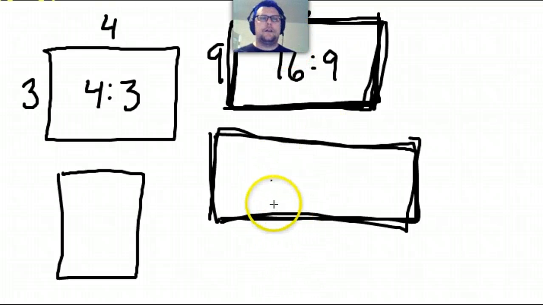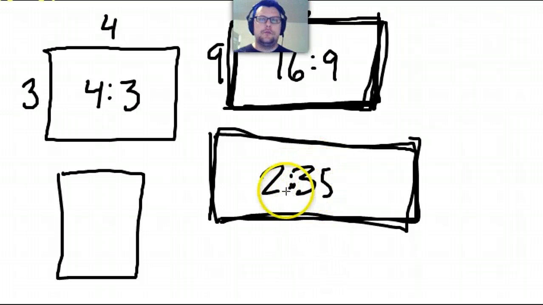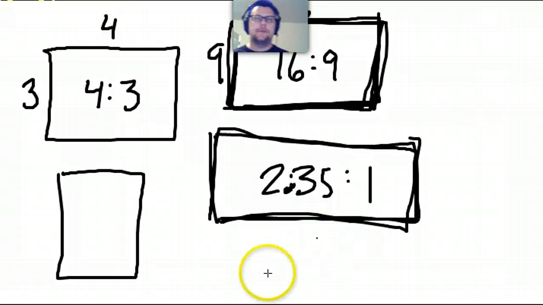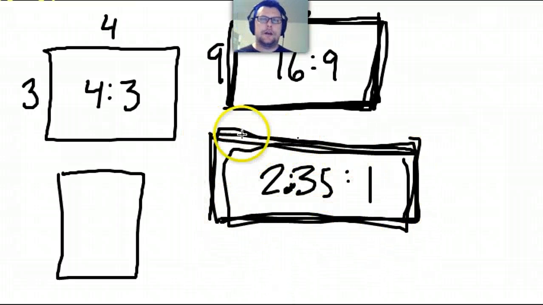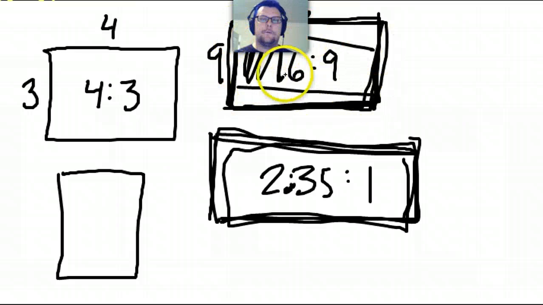Although people who are very cinephile, they like to stick to their very wide 2.35:1 aspect ratios, and this is why even on a 16:9 monitor sometimes you'll still see a movie that's going to have black bars in order to get it to the right thing.